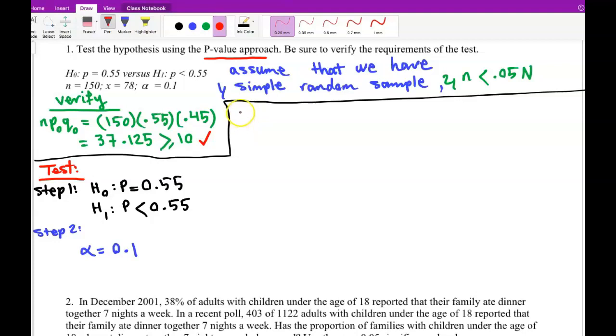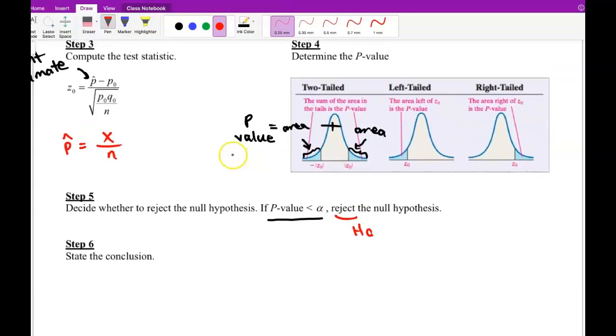Then step 3, we should find the test statistic using Z. On top I use Z0, so let's use the same thing.